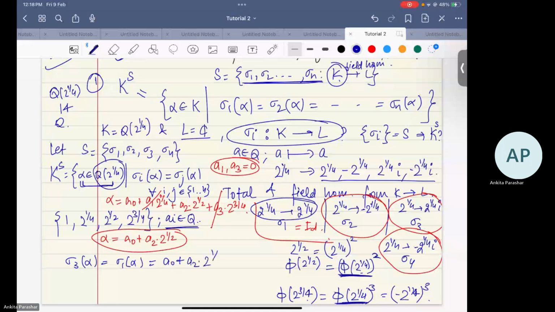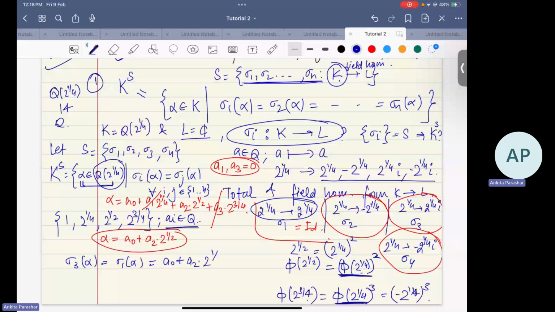Actually, you have to prove there are four only. And then you have to find the fixed field corresponding to certain sets. Here, it's S1, S2, S3, S4, all are distinct. And we will see based on the sets how the fixed field changes. Right? So now at least we understand what is going on in the question.